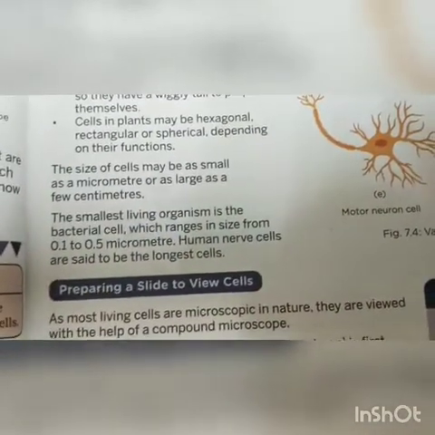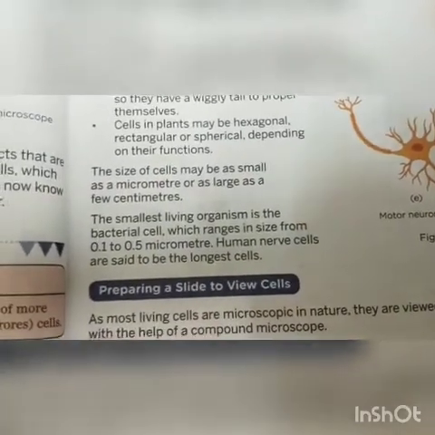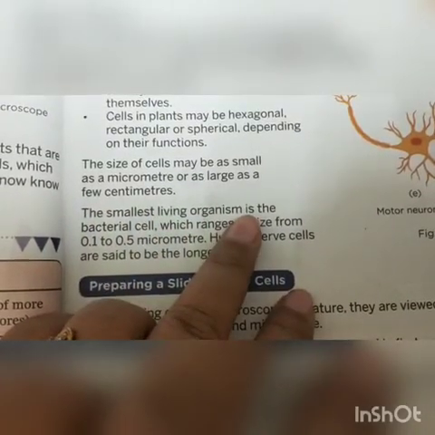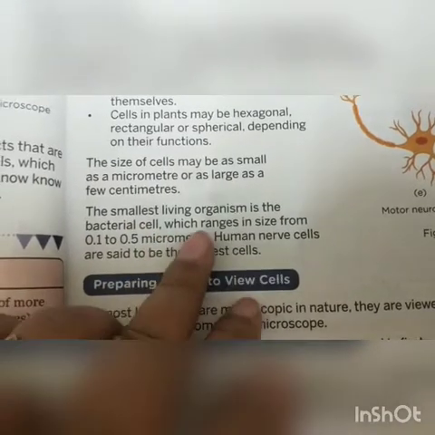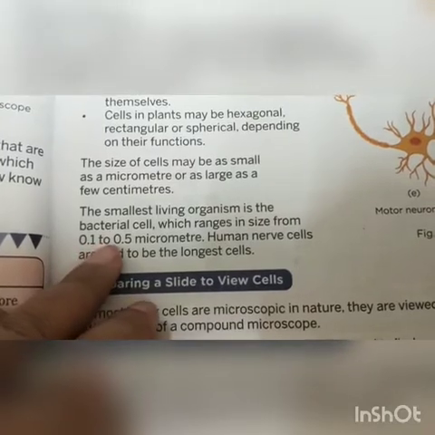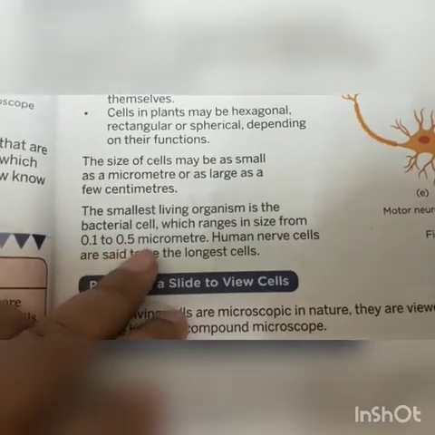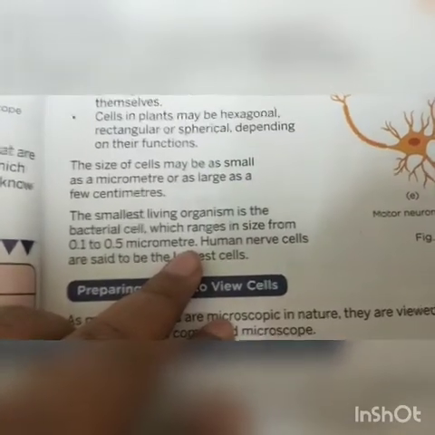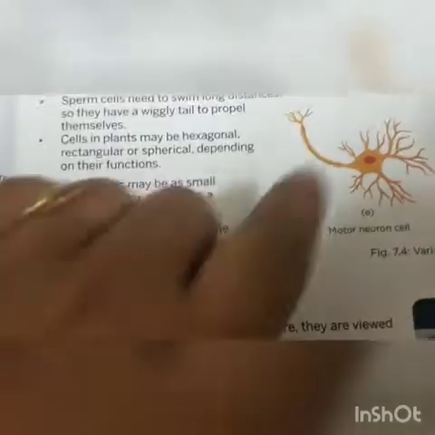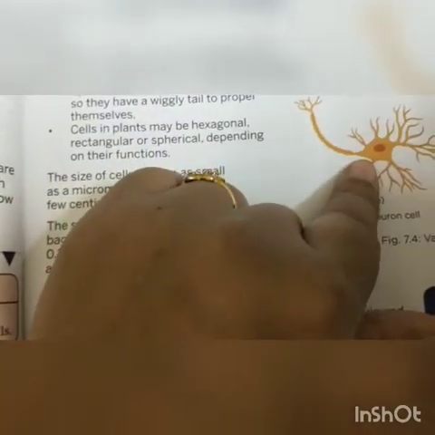The smallest living organism is the bacteria cell, which ranges in size from 0.1 to 0.5 micrometer. Very small. Human nerve cells are said to be the longest; the human nerve cell is the longest cell present in our body.